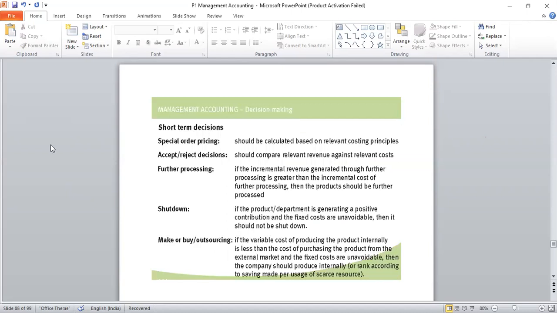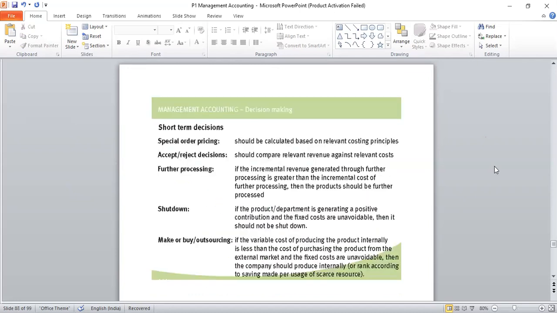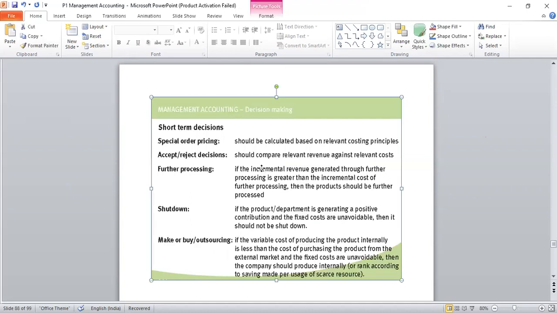Now, what are the major areas where decisions are to be taken? So, the common types of decisions. That is the topic we are going to study. What are the major short-term decisions?